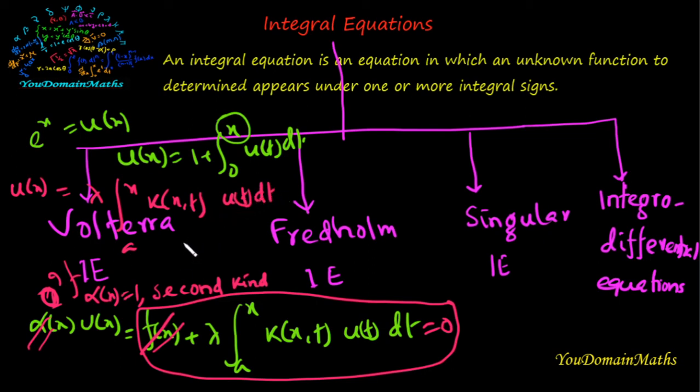This equation is called the homogeneous second kind Volterra integral equation. We introduced three types of Volterra integral equation: the first kind, the second kind, and the homogeneous second kind. We'll discuss these equations in the next video.